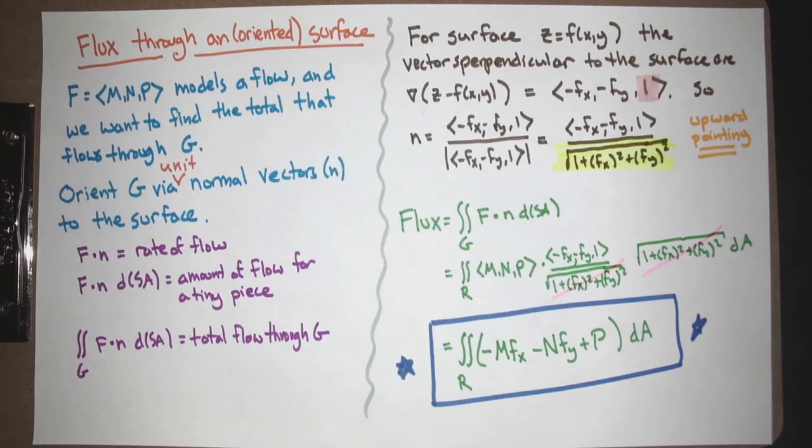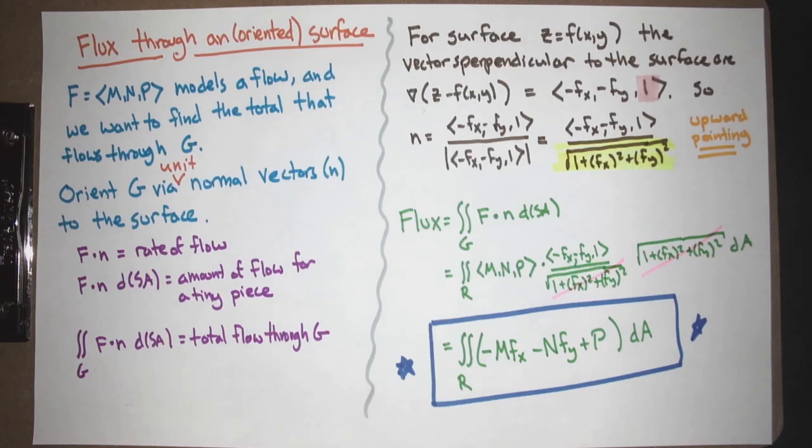So, to find the flux of a vector field through a surface, it's the integral over the region that the surface is over, of minus M f_x minus N f_y plus P dA. No square roots. Very easy. As long as you remember the formula.